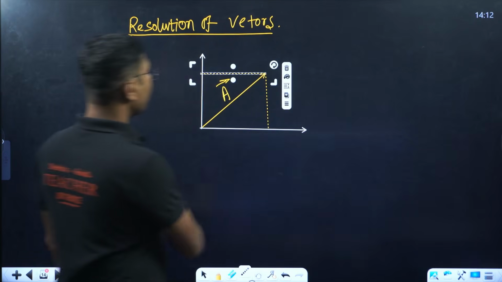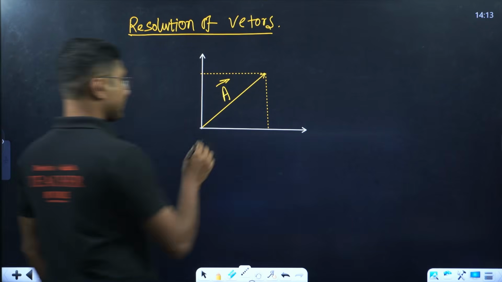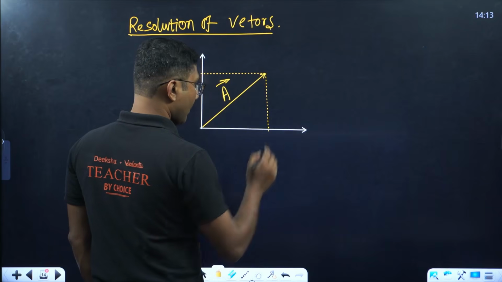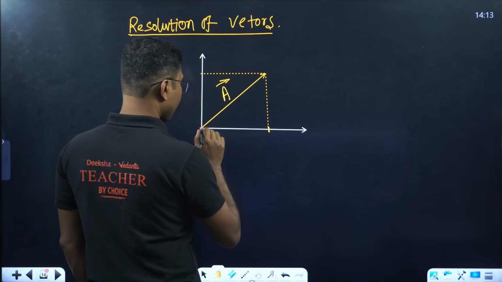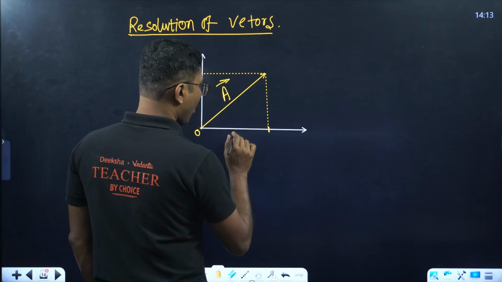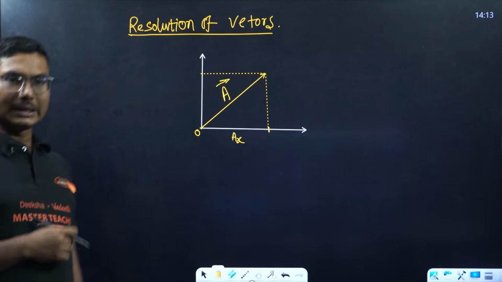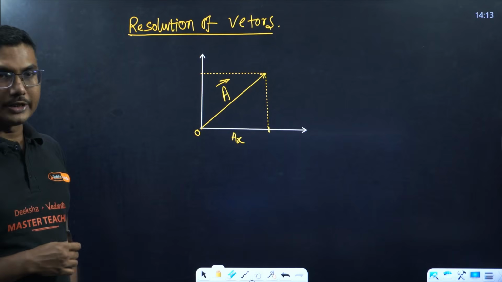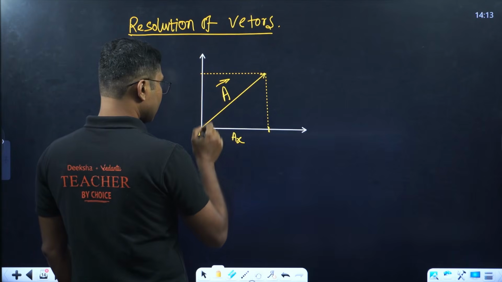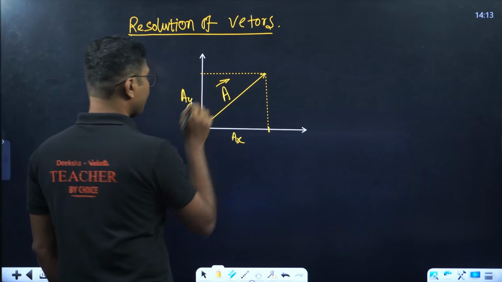So these two are called projections. This portion starting from origin O is called the x component of this vector, denoted by the symbol a suffix x. This length is called the y component of the vector and denoted by ay.